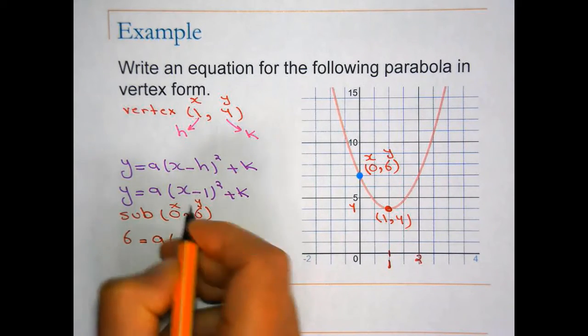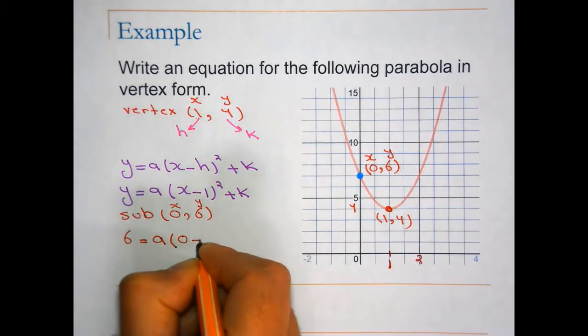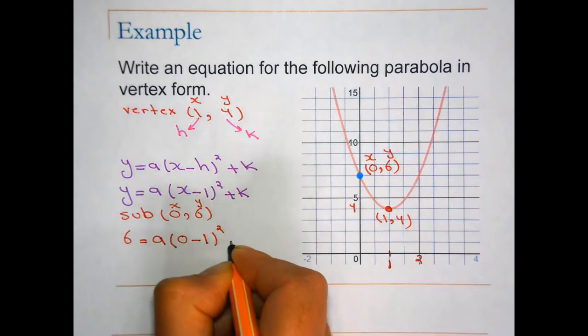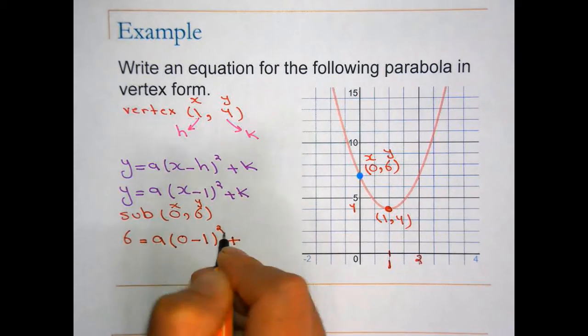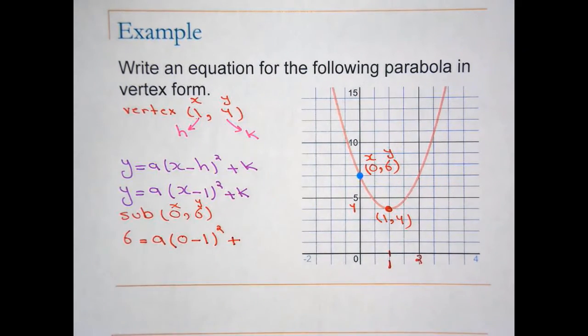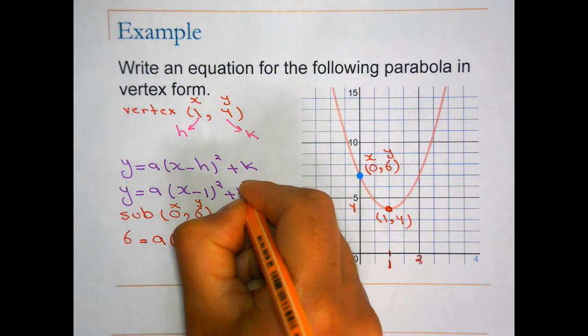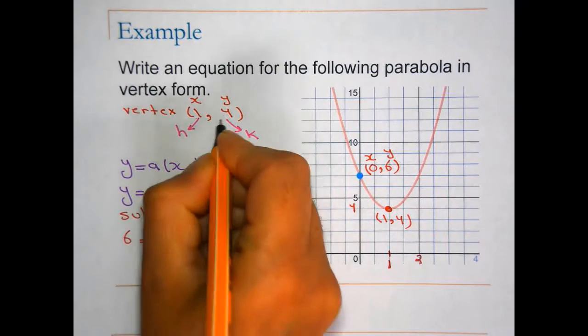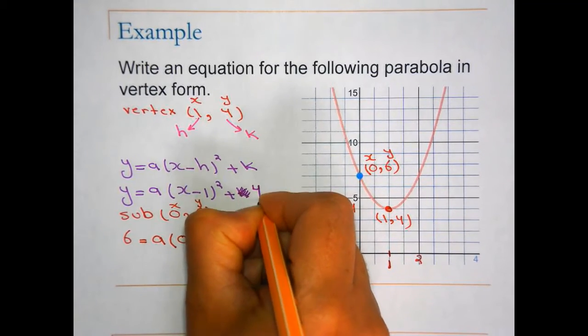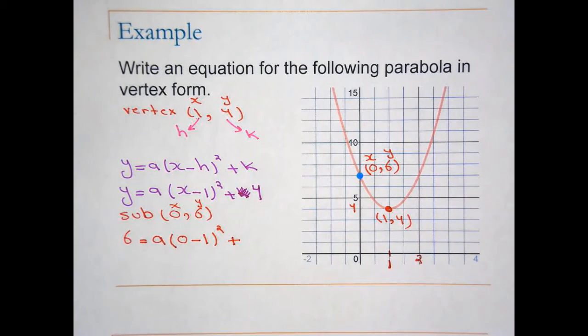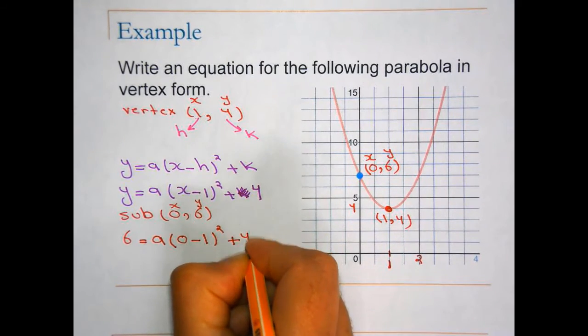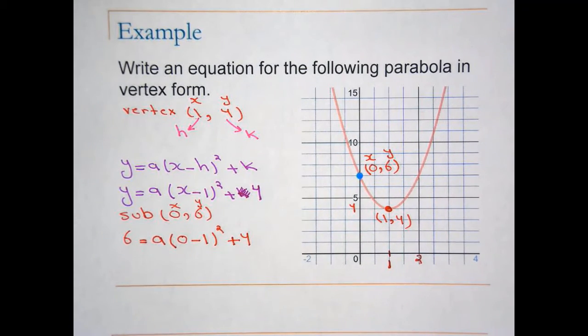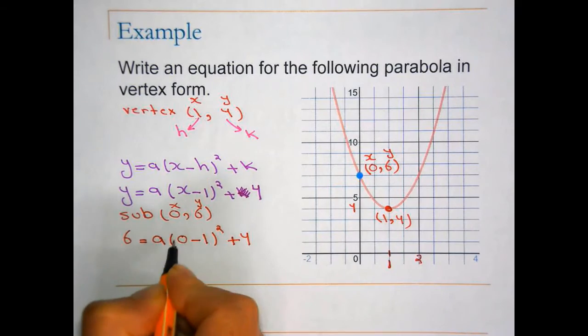Then x is 0, 0 minus 1 squared plus, my mistake here. We know what k is. k is actually 4. I forgot to sub it here. Plus 4.